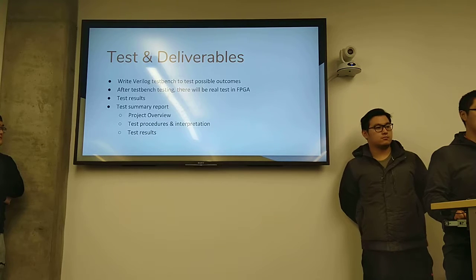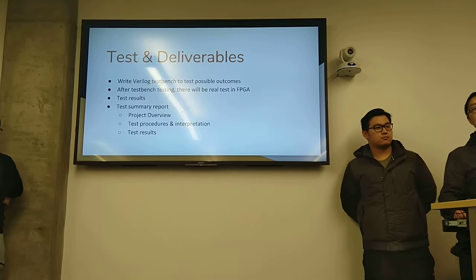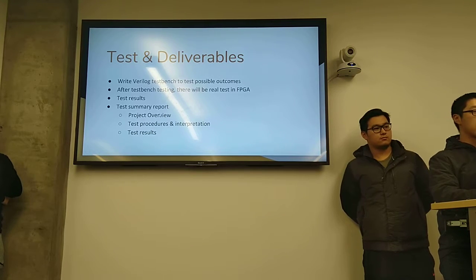The test summary report is going to include three sections: project overview, test procedures and interpretation, and the test results. The project overview will include a short summary of the whole project, an explanation of why we are going to test this, and the possible inputs and outcomes.